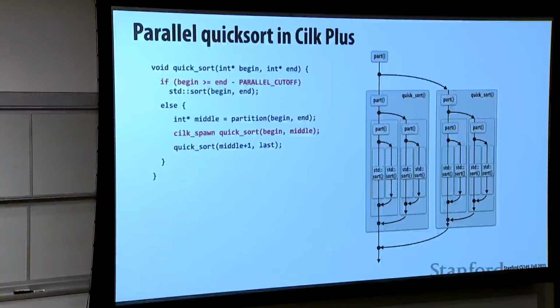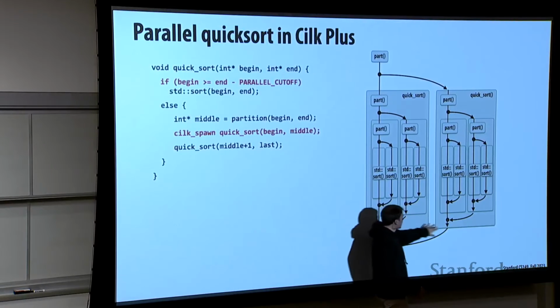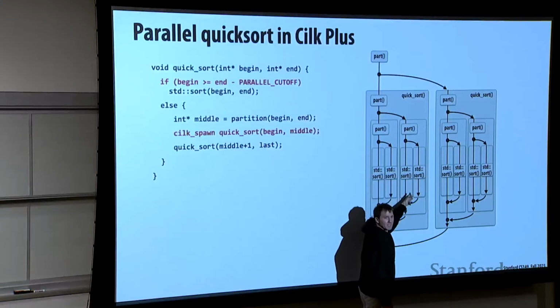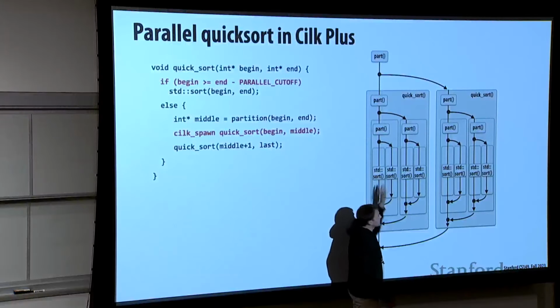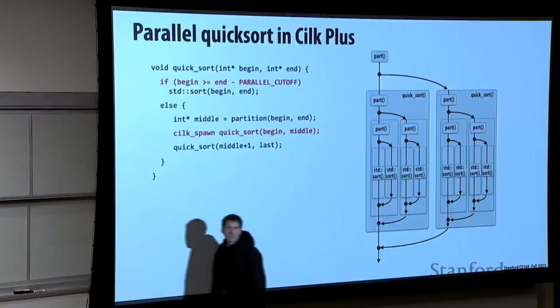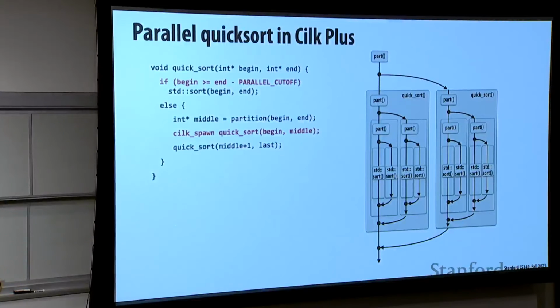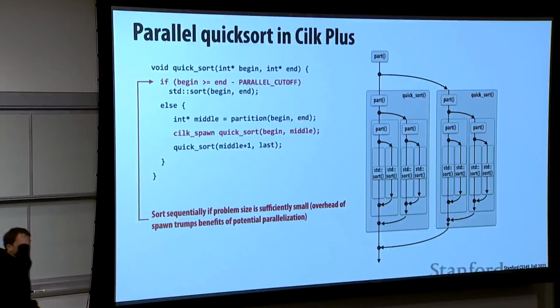They're essentially the same. And then that's where I get these two gray boxes. And then we recurse. Inside the gray boxes, there's a partition call, and then another spawn. And so on, all the way down to the leaves of this tree, where the leaves are just calling standard std sort. And that's the small implementation detail in my cutoff.